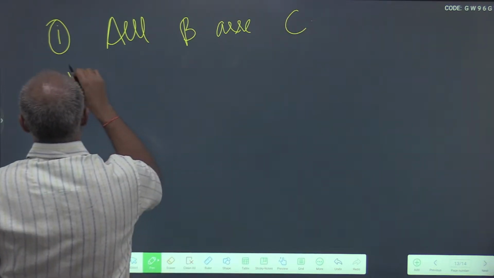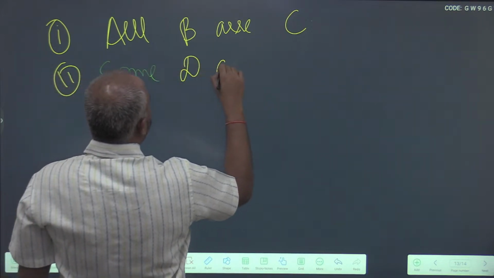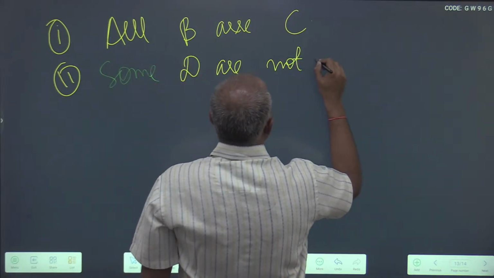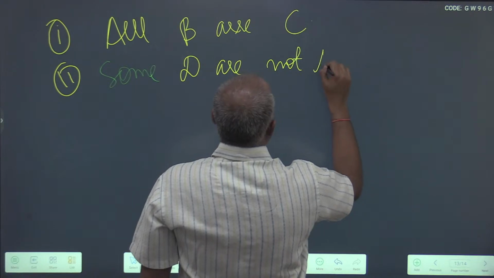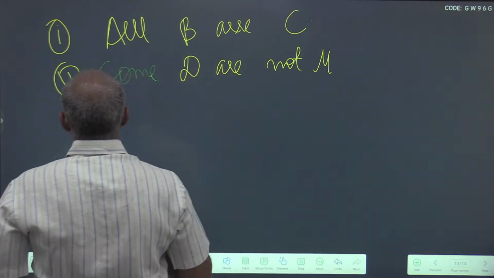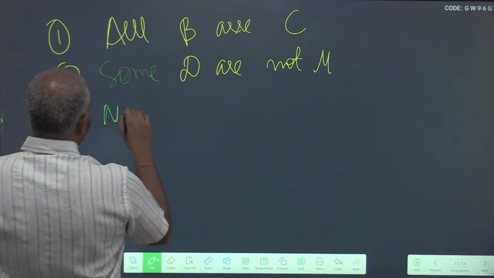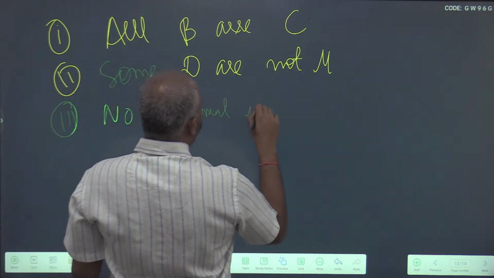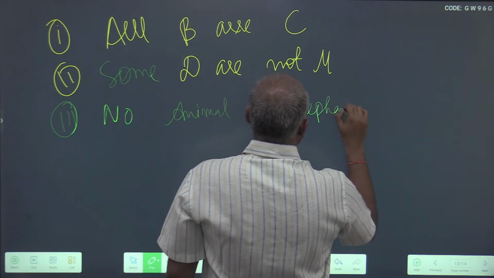Next, some dogs are not mats. No animal is elephant.